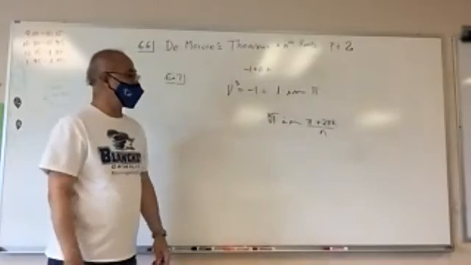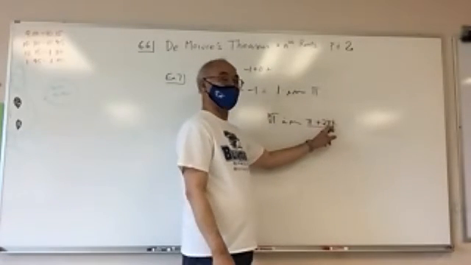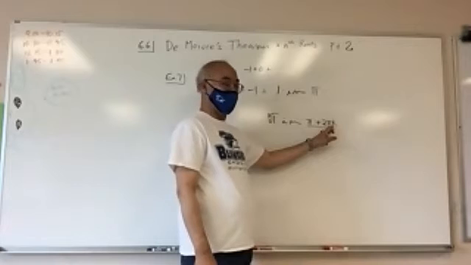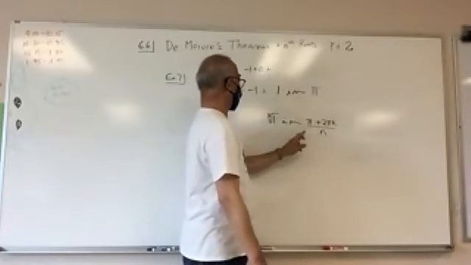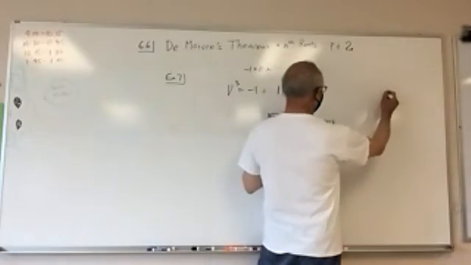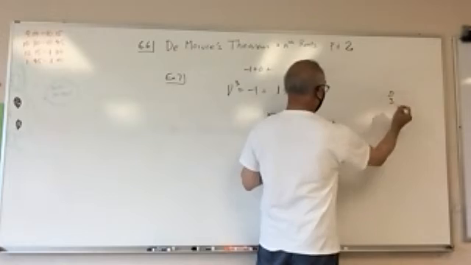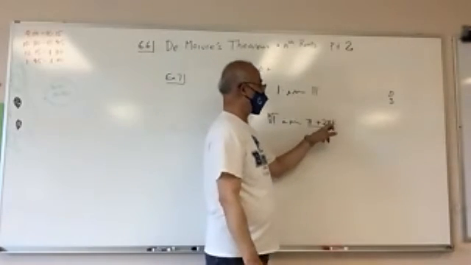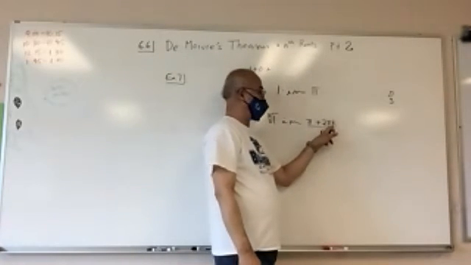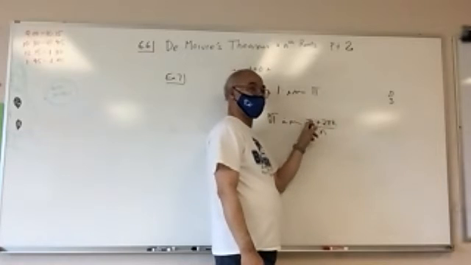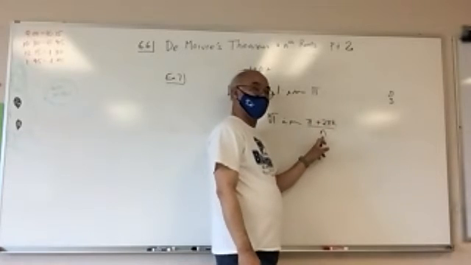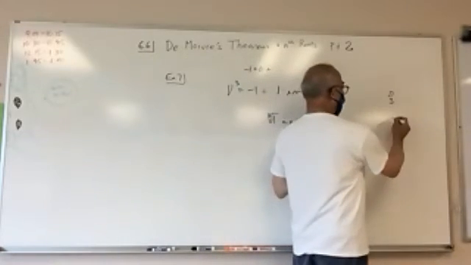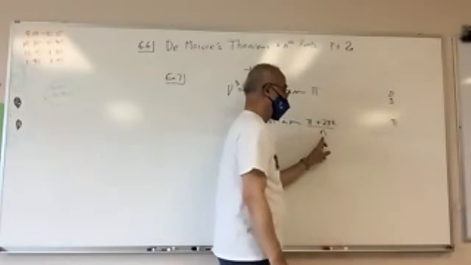The first one is when k is equal to 0. This is 3 because it's a cube root. So it's going to be pi over 3. When k is equal to 1, 2 pi plus pi is 3 pi divided by 3. So it's going to be pi.